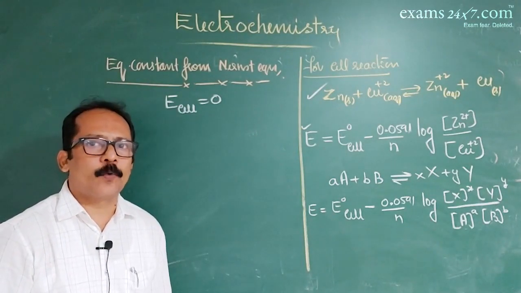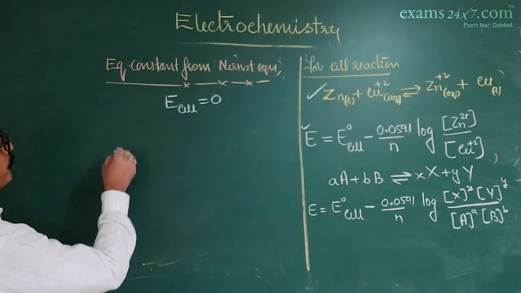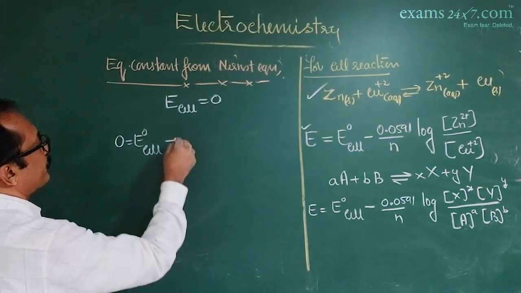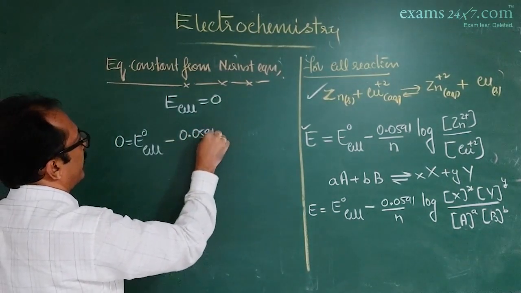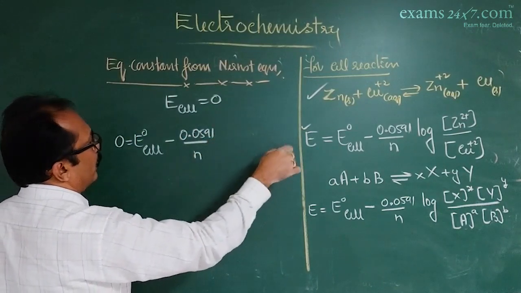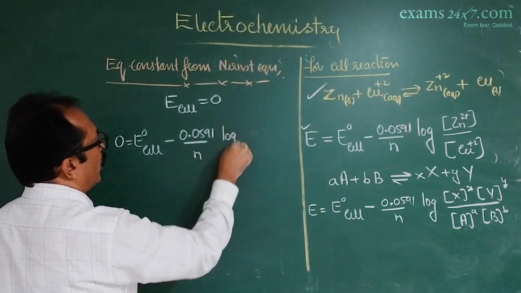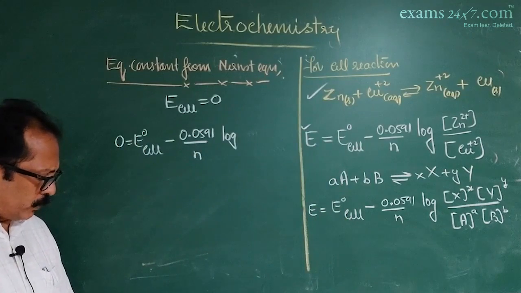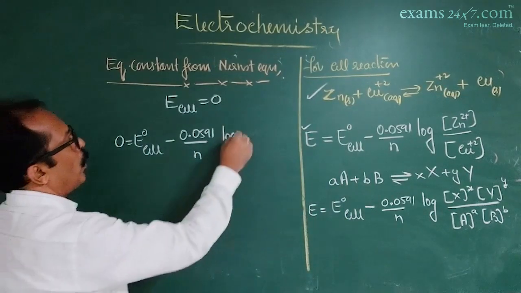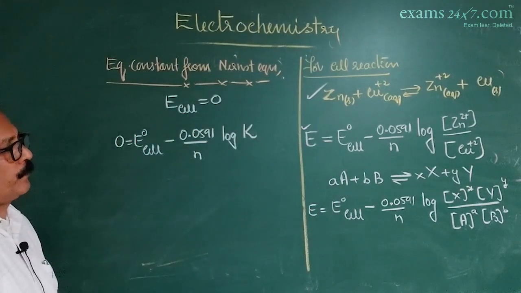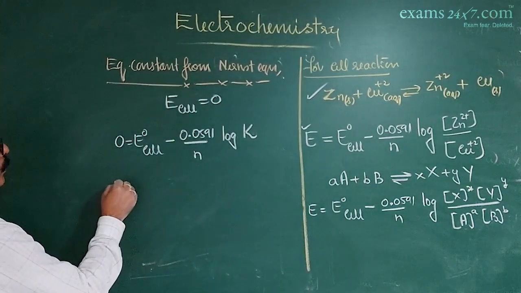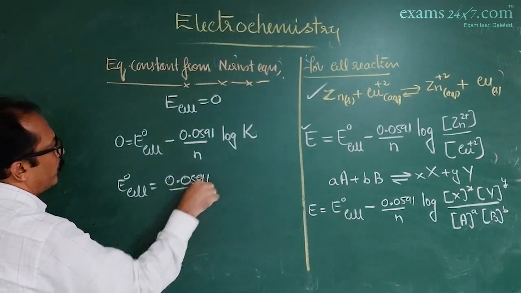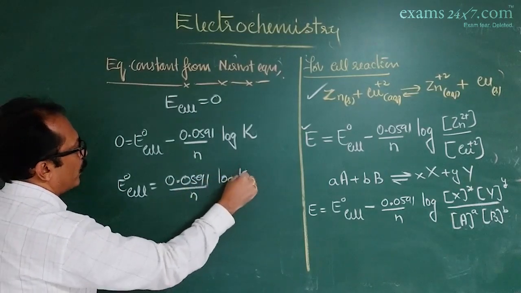The electrode potential of the cell is equal to 0. Therefore, 0 equals E naught of the cell minus 0.0591 divided by n log of this form, that is equal to log K. So E naught of the cell equals 0.0591 divided by n, log K.